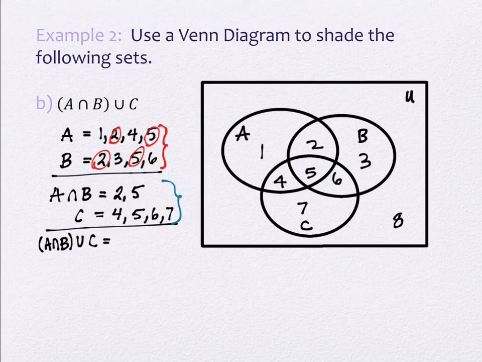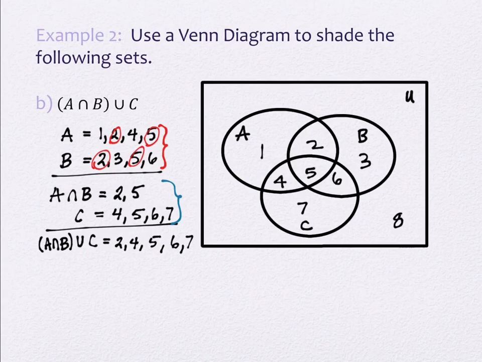It's not going to be real helpful. Looking at what I just did, if I want the union, what does that mean? All of them. Every number in the blue bracketed set. So I have 2, 4, 5, 6, 7.